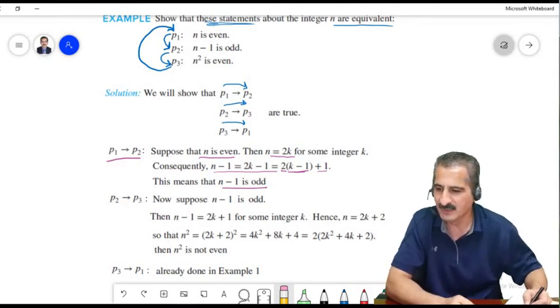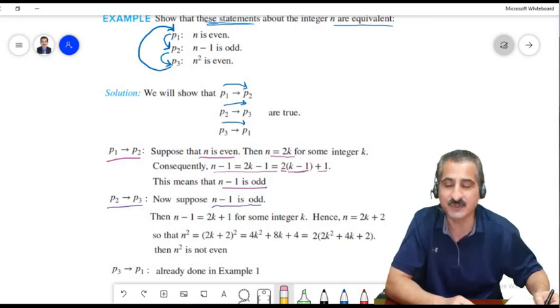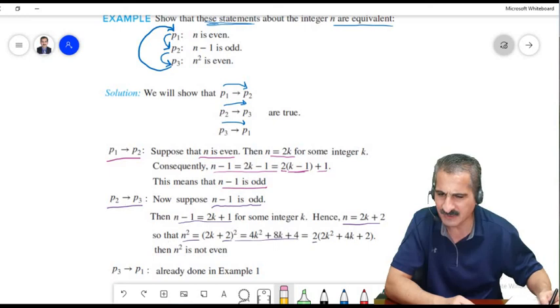Okay, now to prove P2 gives P3, we start with P2, which says n minus 1 is odd. And then we want to reach that n square is even. So n minus 1 has this form, 2k plus 1 for some k. So n equals that. Now square n all the way here. We get 2 times some integer, so n square is even.